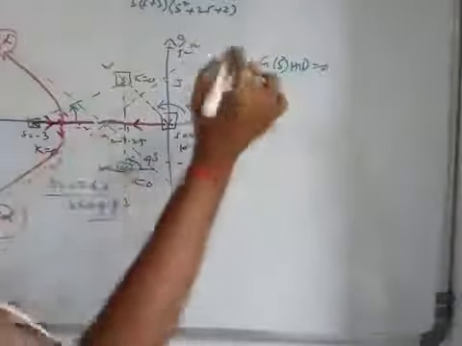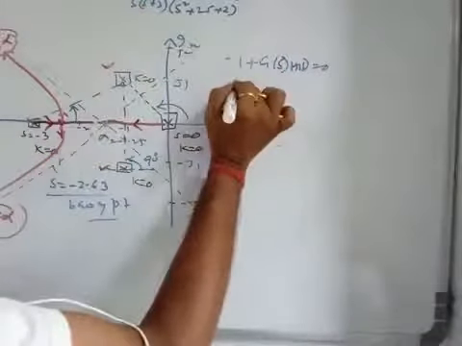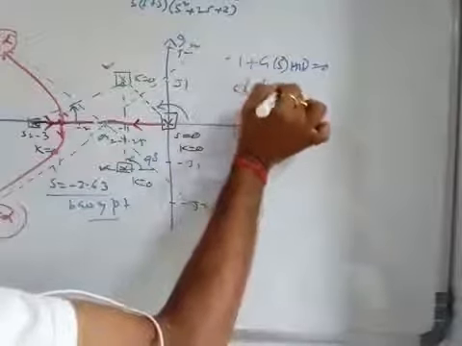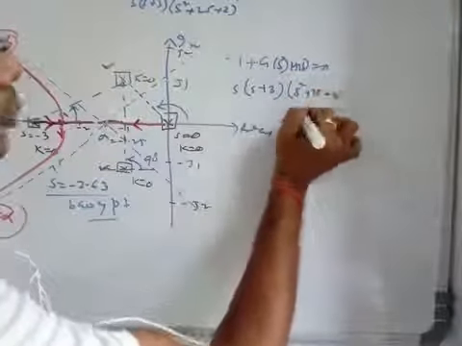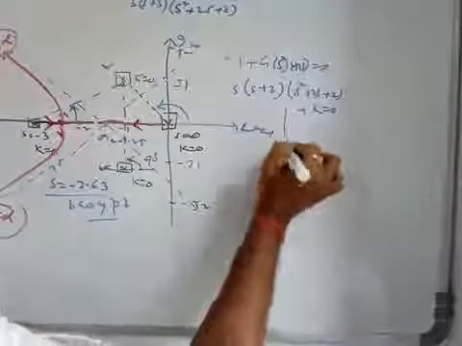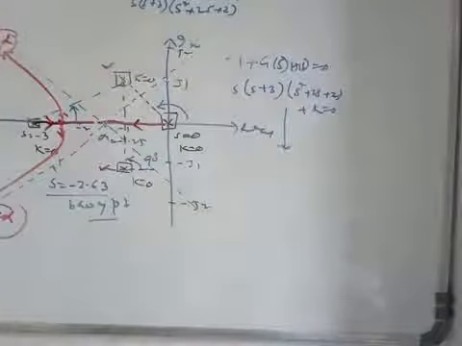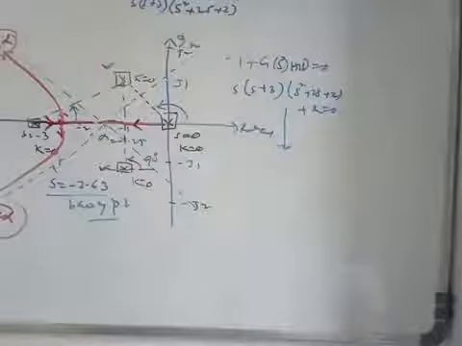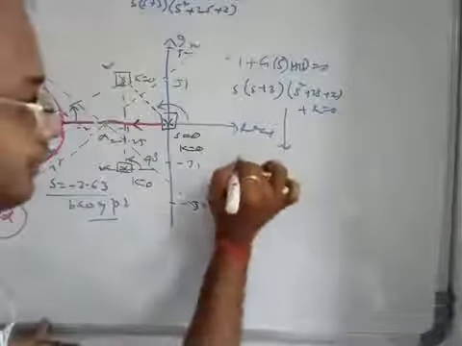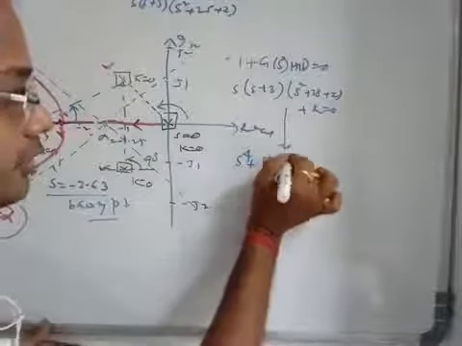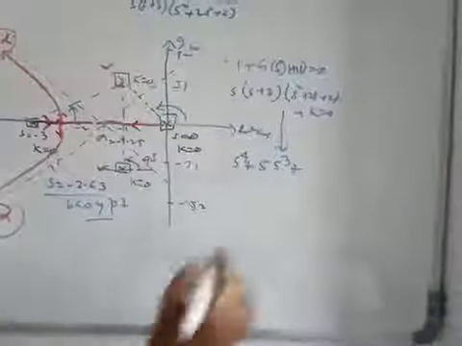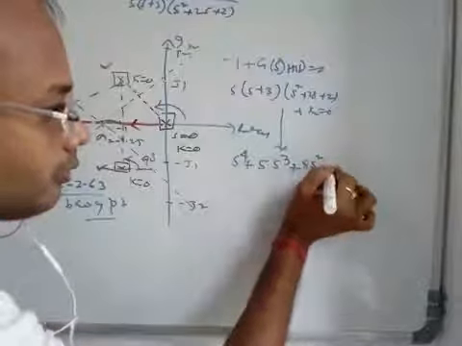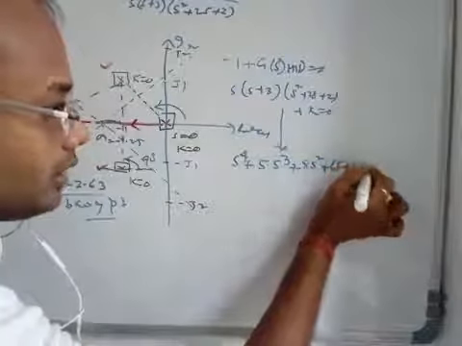So this is your characteristic equation. That means s into (s plus 3) into (s square plus 2s plus 2) plus k equal to 0. This will give you an equation which I can see: s to the power 4 plus 5 s cubed plus 8 s square plus 6s plus k equal to 0.